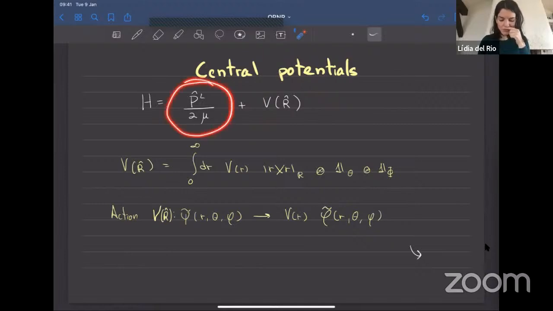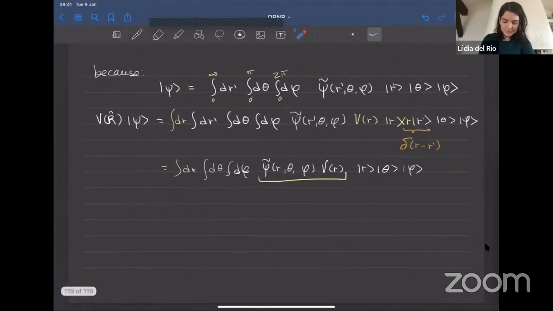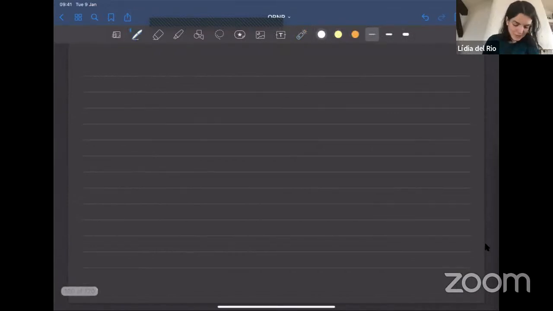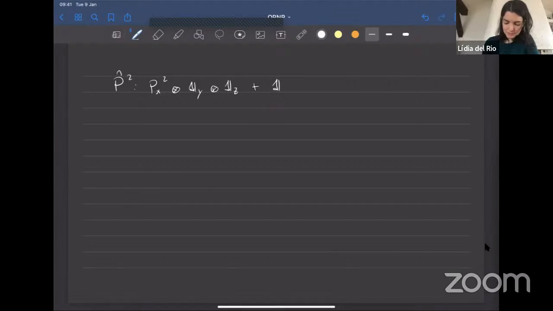So now we're left with this part. So again, what is this? Well, we know it's in Cartesian coordinates: p x squared, plus we have here the p y squared, identity in z, plus and so on.